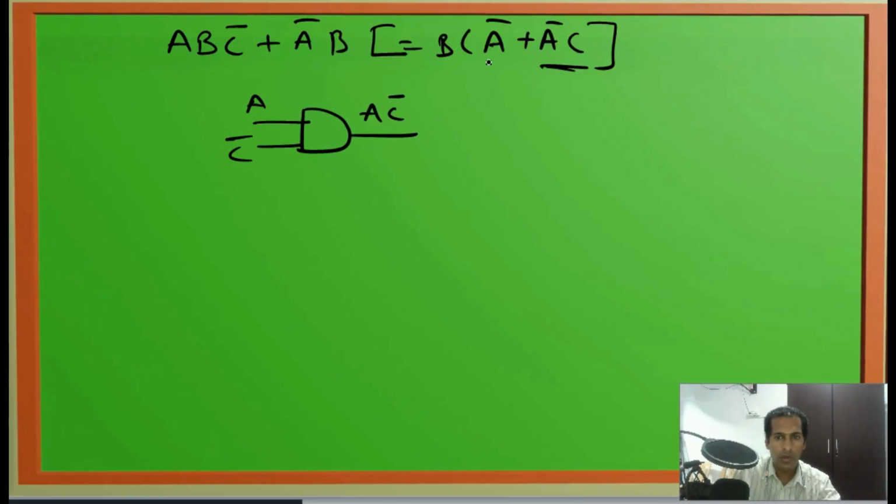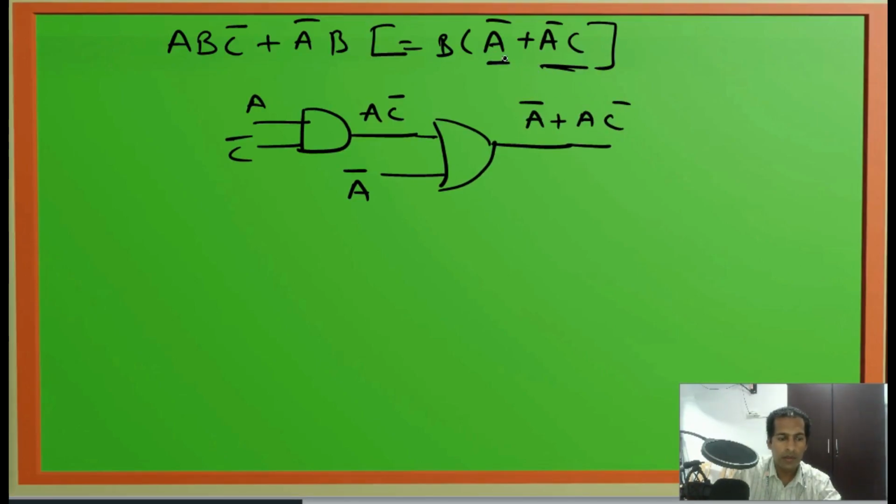Now this should be ORed with A bar, so we connect one OR gate with the second input A bar. At its output we have A bar plus AC bar.